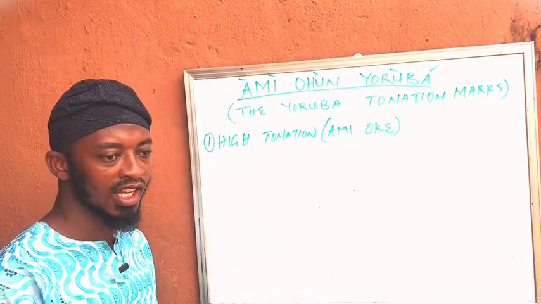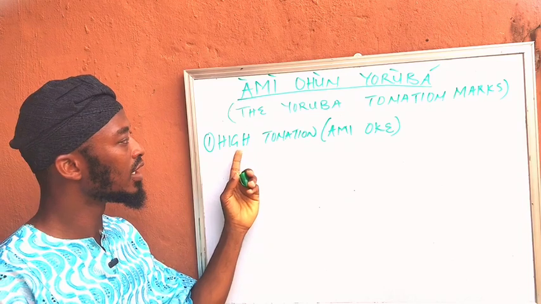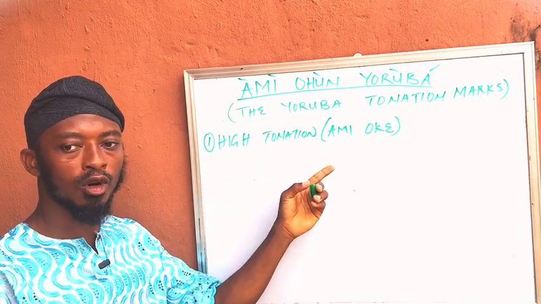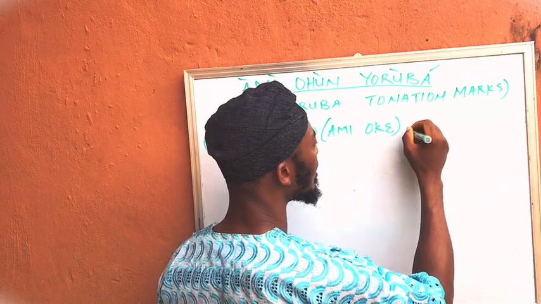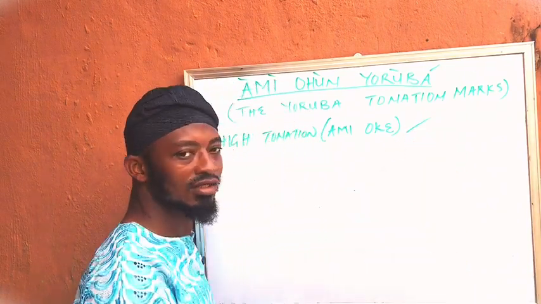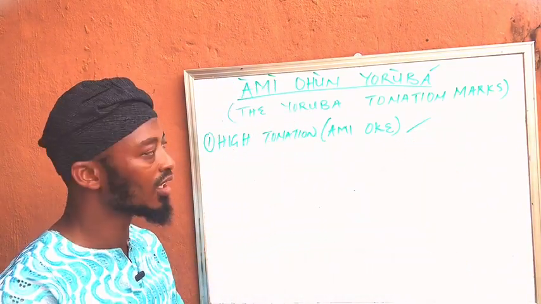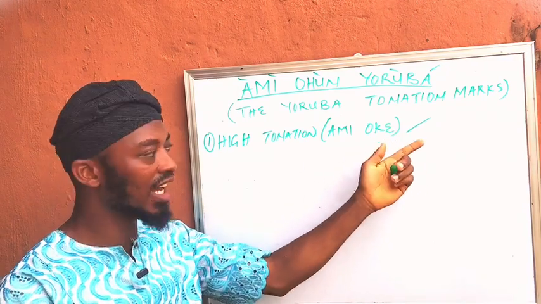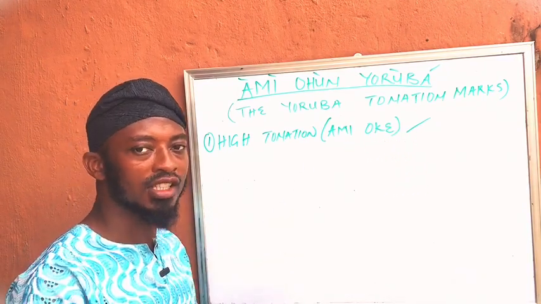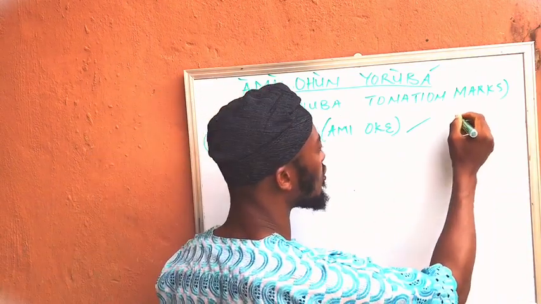The symbol for the high tonation mark in Yoruba is this, like /. So once you see this on a letter, it's high pitch and it has the sound of mi.